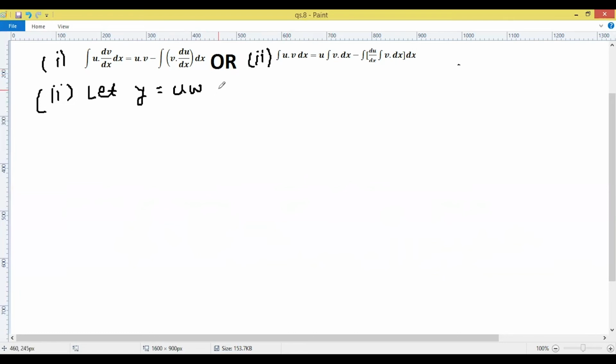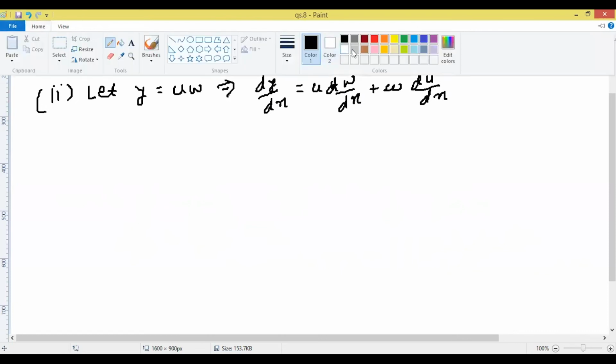So again we do the same process: dy by dx is going to be, you apply the product rule, so it is u times dw by dx plus w times du by dx.